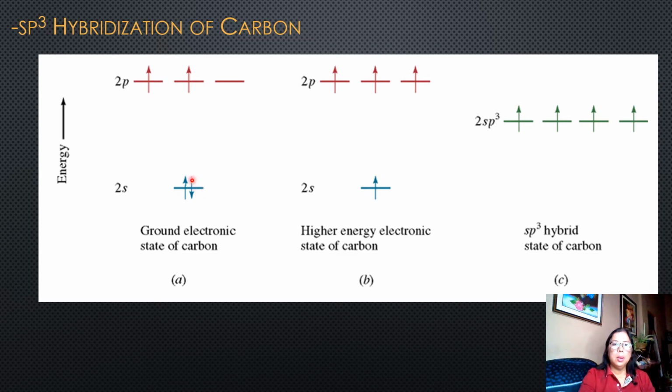In the ground electronic state of carbon, the s electrons were filled first before placing the remaining 2 electrons in the 2p. But in a higher electronic state, the carbon has to fill up 1 for the s, and then the remaining is to fill the other orbitals for the 2p. But in an sp3 hybridization state, all 4 electrons are placed in the sp3.